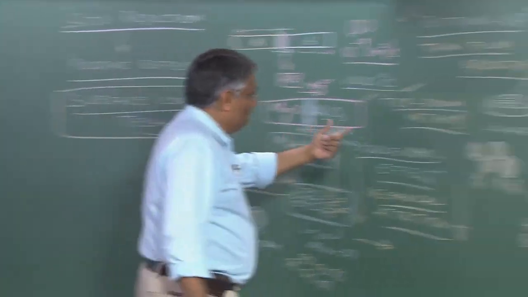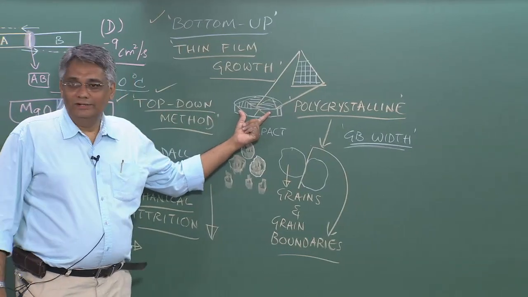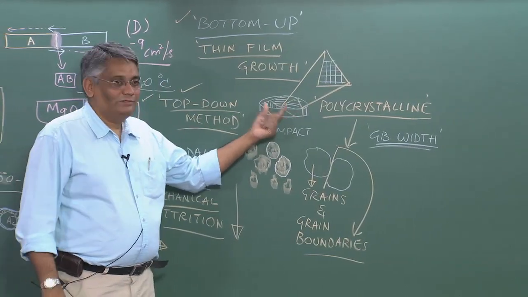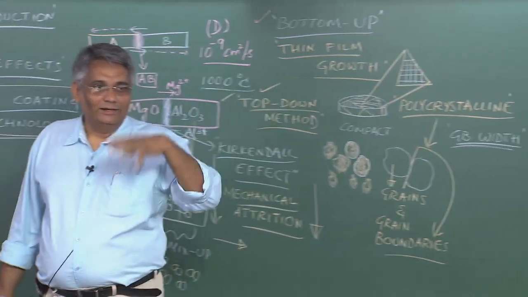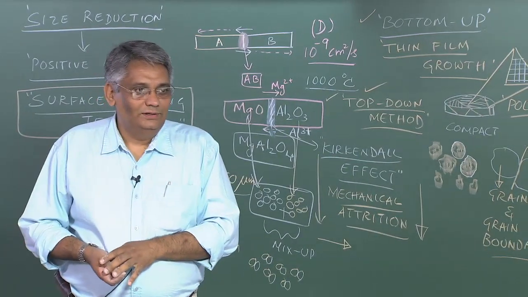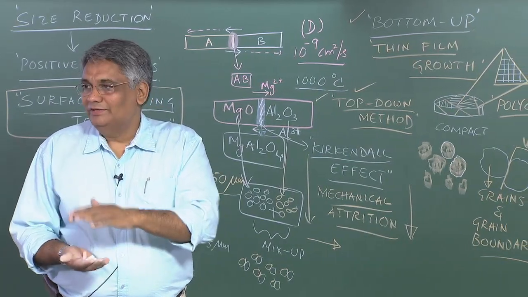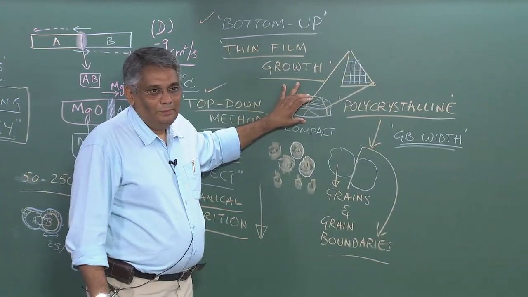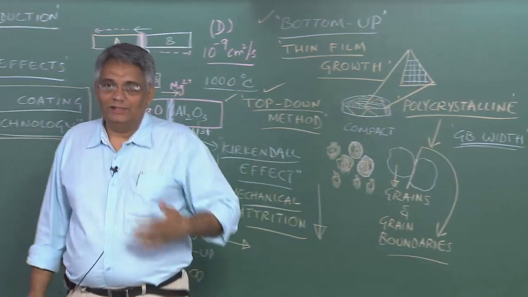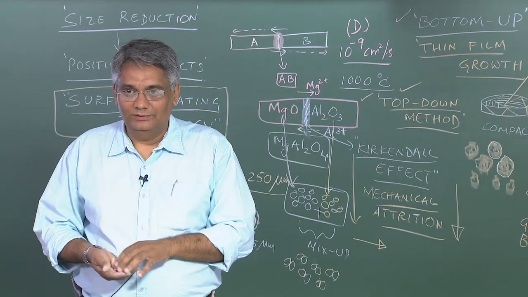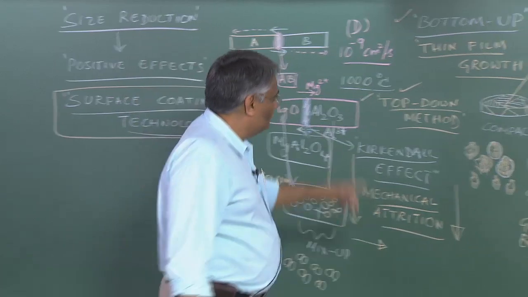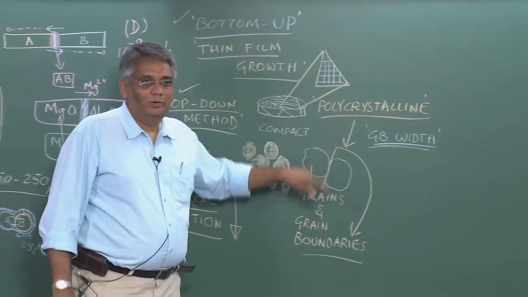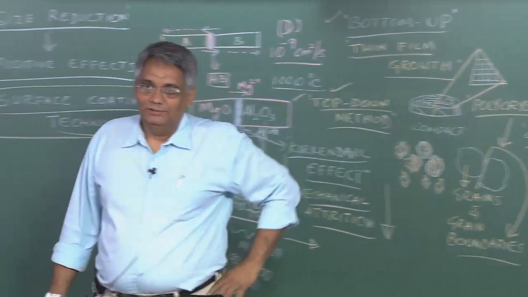Suppose I have a solid disk like this with the presence of grains and grain boundaries. I said grain boundaries are defect regions, and if this solid disk has a dielectric property, I can make a capacitor with it, okay? But because of the presence of these grain boundaries, the grain boundaries can act as leaky paths.